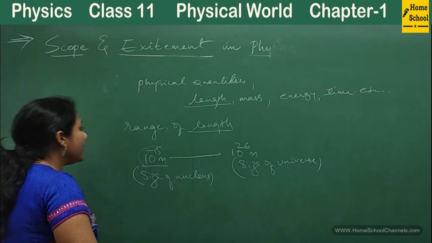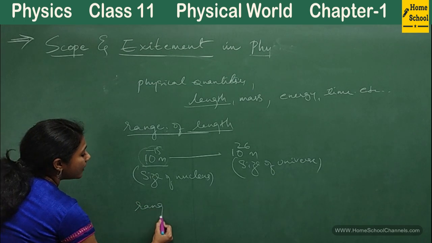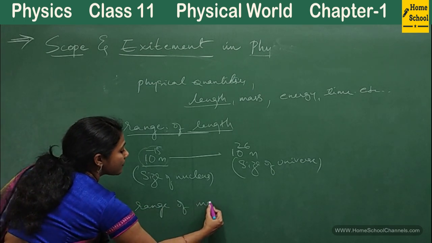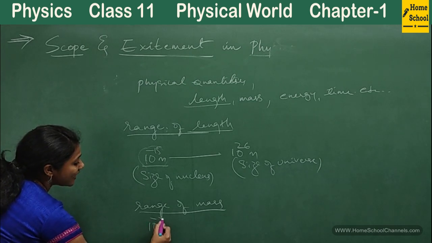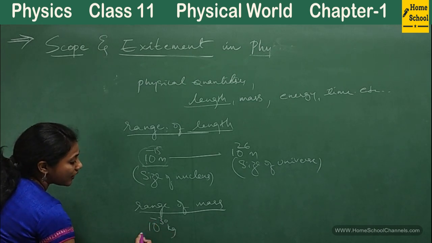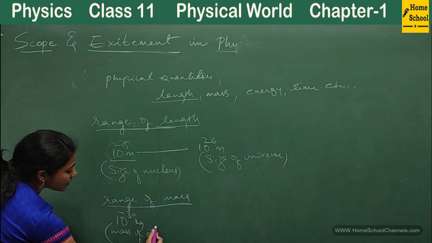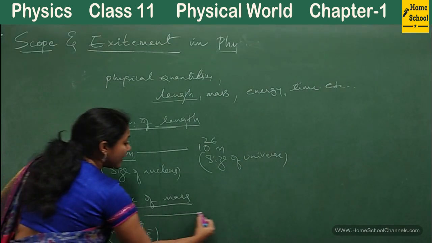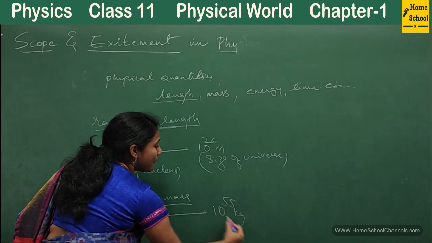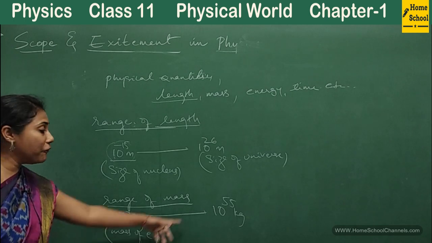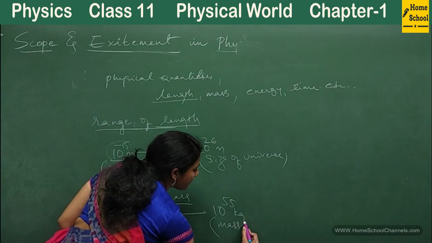So we measure lengths as small as this number and as big as this number in our physics. Similarly, let me give you the range of mass. We can measure the mass as small as 10 power minus 30 kg. This is the mass of electron. And we can measure the mass as big as 10 power 55 kg, and this is the mass of universe.